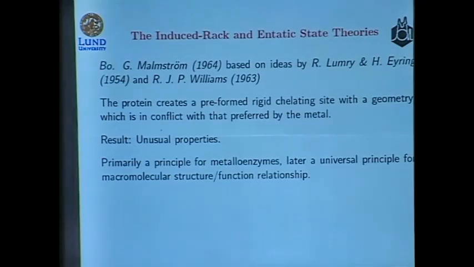And then you put the copper up there in a predetermined site. Nothing you can do. And this theory was actually primarily a theory of a metalloenzyme that later became some sort of universal principle for structural functional relationships in biochemistry, and was actually extended to a sort of general theory which was used in many contexts.